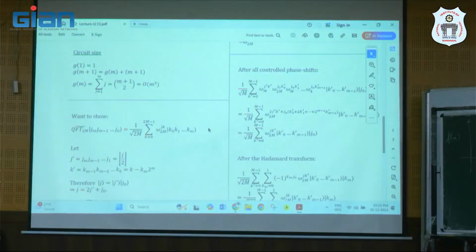See, you have J written like this, correct? Let's say I have 3 bits, most significant, then down to least significant. Take a simple case with 2 bits: 1 0.